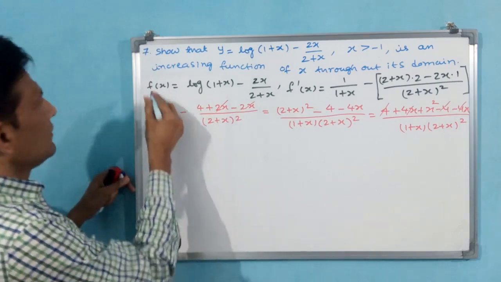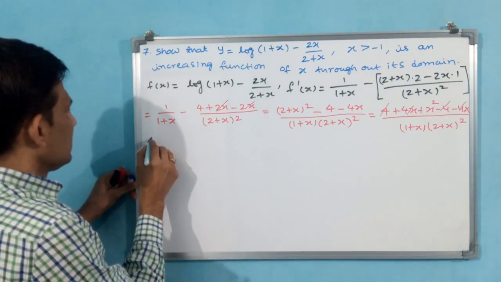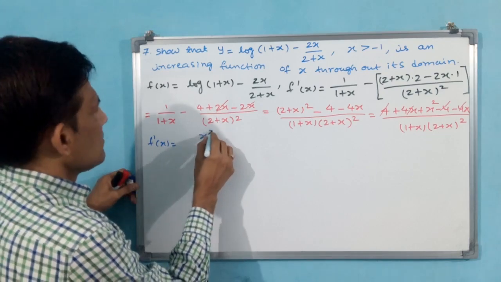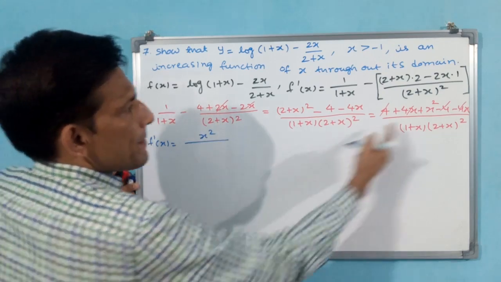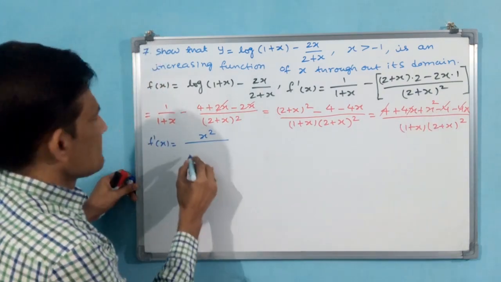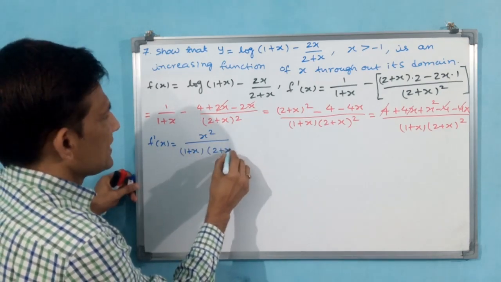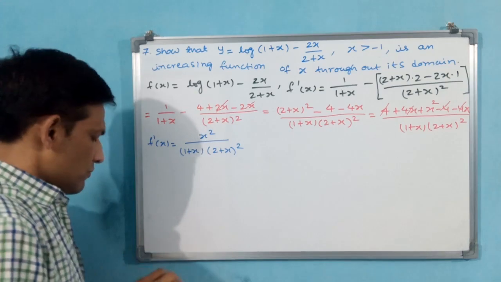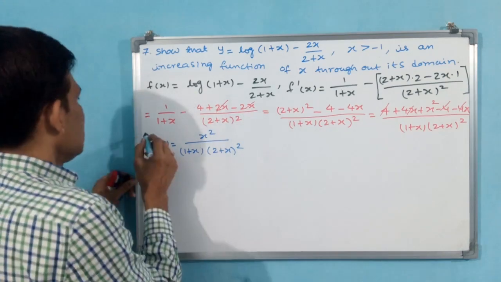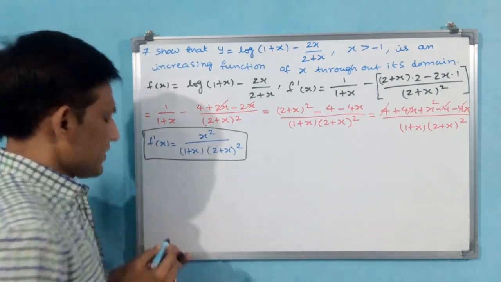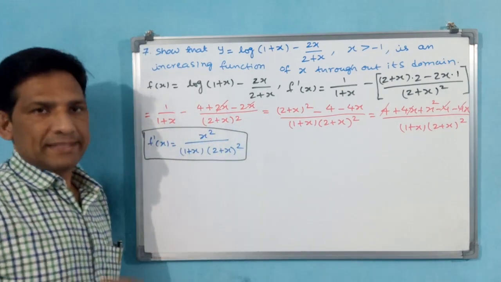You can write f dash x is equal to x square by 1 plus x into 2 plus x whole square. This you box it. Why? Because afterwards we have to utilize this. Okay. See, this is f dash x.